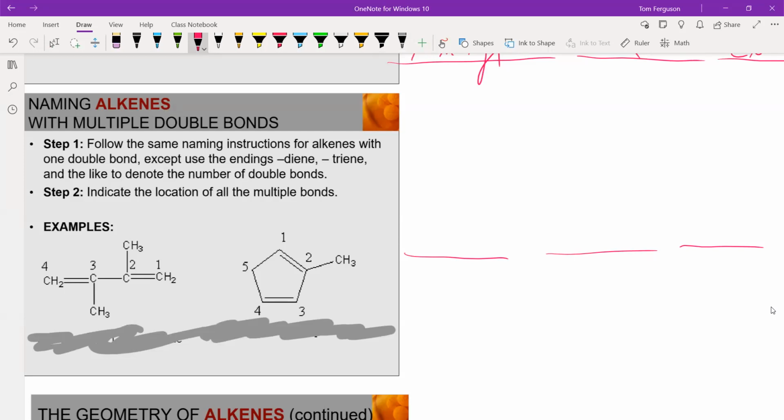And what's the backbone here? It is this guy here. Remember, it's got to contain the functional groups, the double bonds. So this is going to be an ene, and it's going to be a butene. But there are 2 double bonds, so let's say diene at 1, 3.